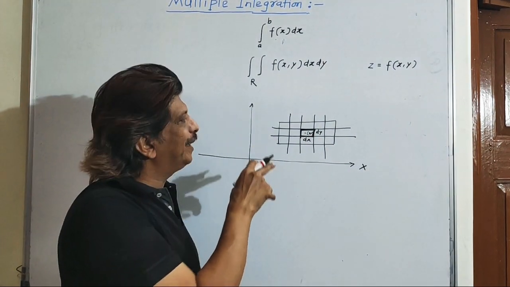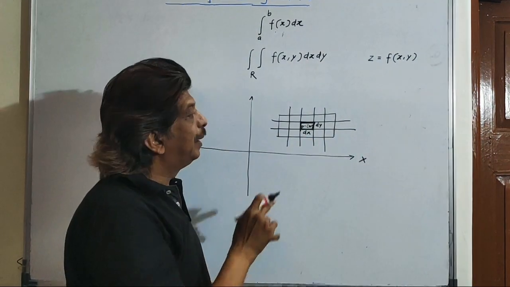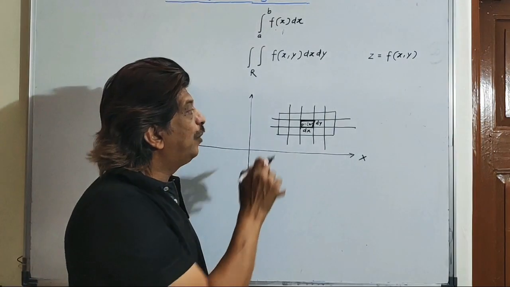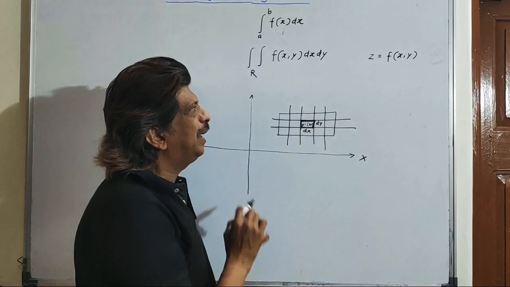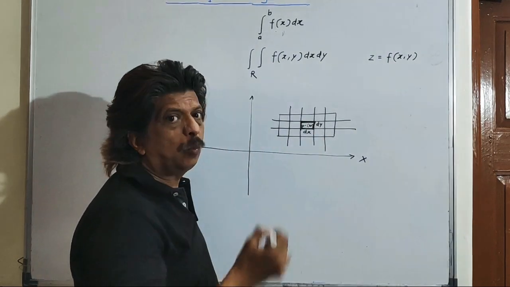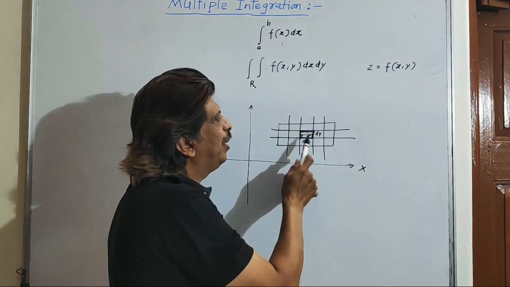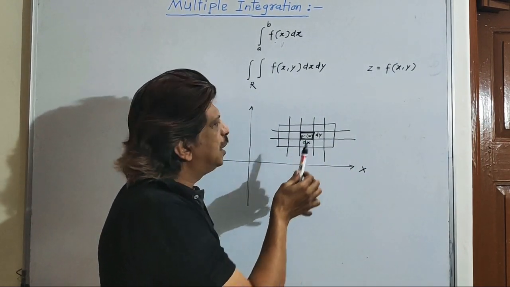Corresponding to this point, say P, in this rectangular region dx comma dy of area dx dy, we have taken an arbitrary point P. Now at this point P, we determine z. What is z? f of x comma y, the value of f at this point P. This is nothing but z.